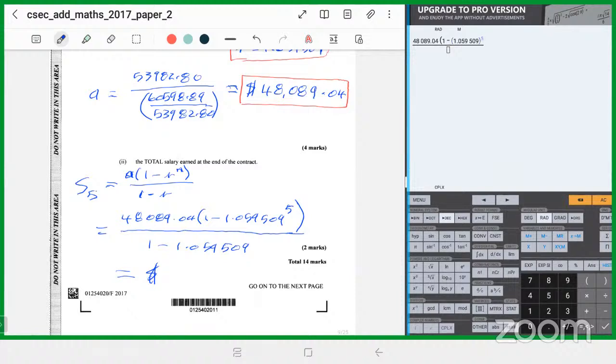And then close that bracket, all over 1 minus 1.059509. So he earned a total of 270,448.65. That's it. I don't know why, but that is it.